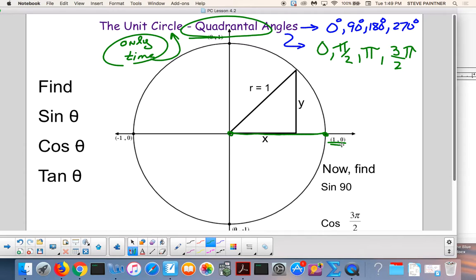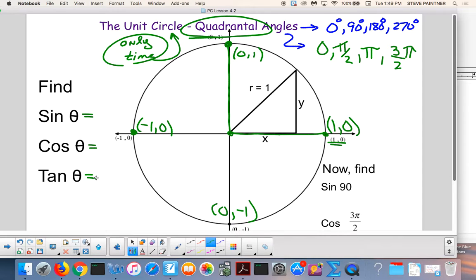What's the ordered pair? 1, comma what? 0. If I land on 90, what's the ordered pair? 0, 1. If I land on pi, or 180, 1, 0. And if I land on 270? Okay. So now, would you please look at this and repeat what you've already done?